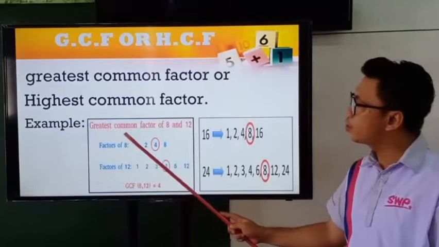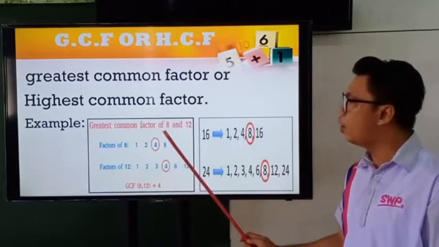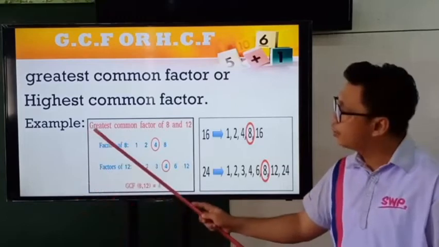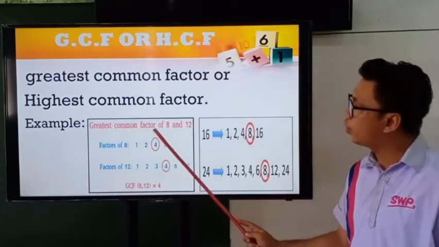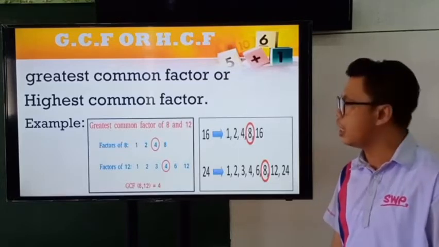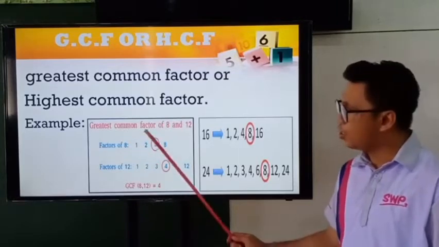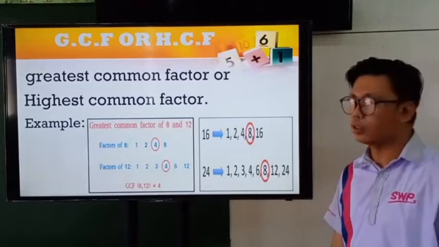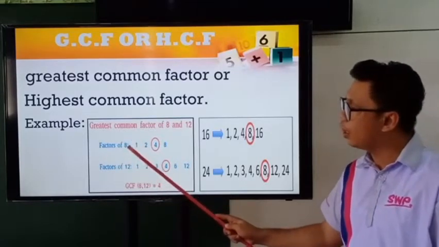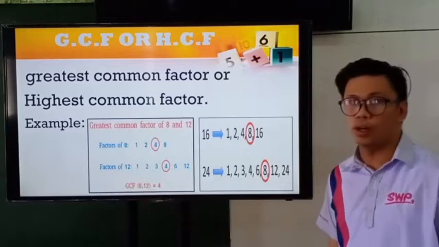The greatest common factor of 8 and 12. Everybody say it again. Greatest common factor of 8 and 12. So we will find the GCF. How can you find the greatest common factor? First, you will get the factors of 8 and the factors of 12.